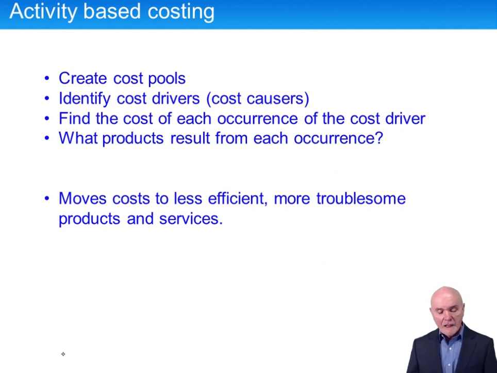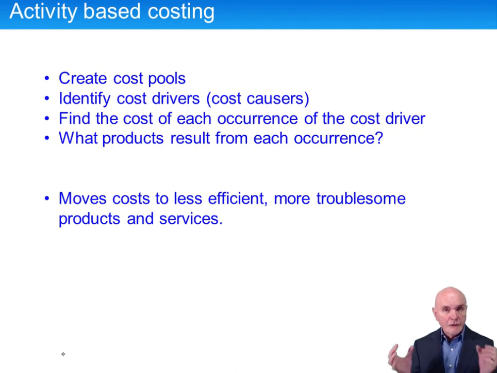And the steps in activity-based costing: first of all, you create cost pools. So what are all the costs associated with quality control? What are all the costs associated with processing an order? What are all the costs associated with setting up a production line and so on?